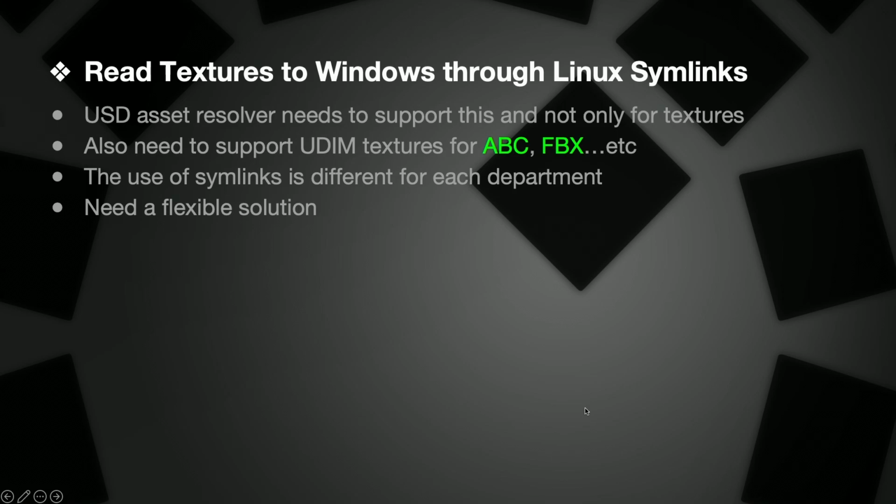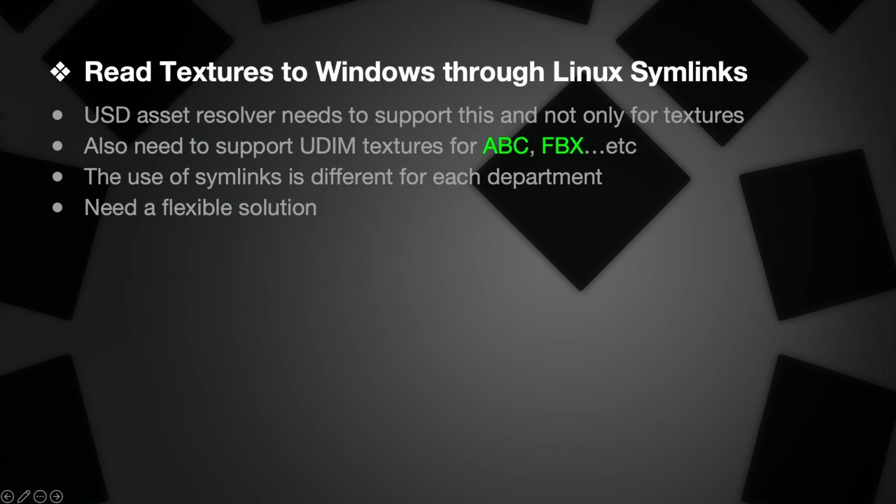Regarding reading textures to Windows through Linux symlinks, our legacy pipeline is built on Linux, so we need a solution to read textures from Linux to Windows through Linux symlinks. Well, we cannot just tell the production, hey, we are abandoning Linux and start to use Windows.